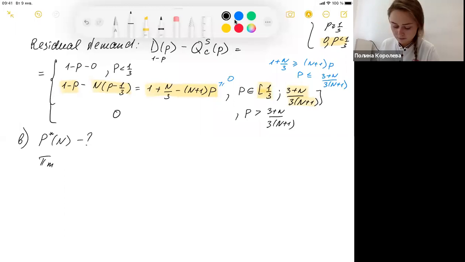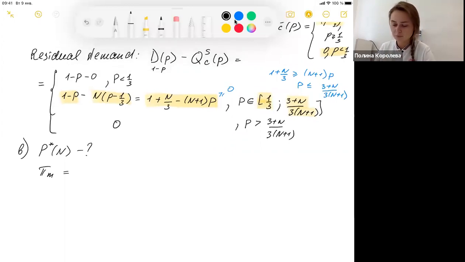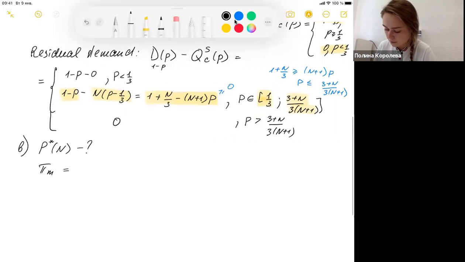Profit of monopolist will be equal to... And we will write it as a function of price, because we have residual demand as a function of price, and we will work with it. So this will be price multiplied by residual demand.